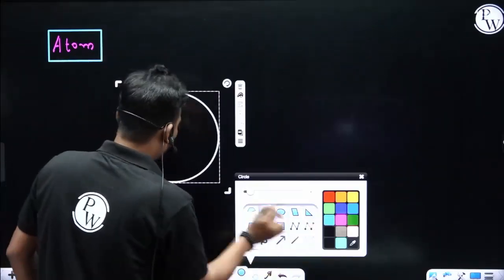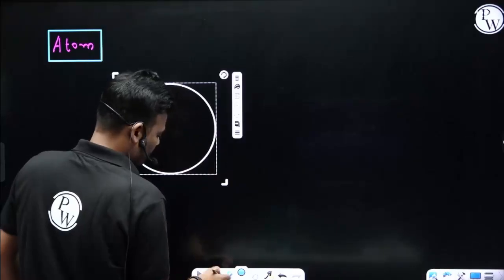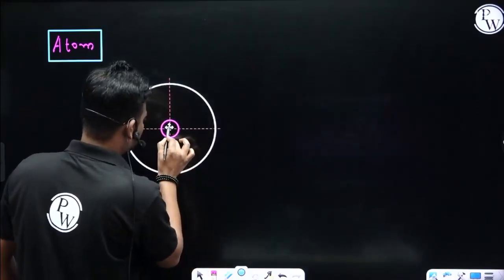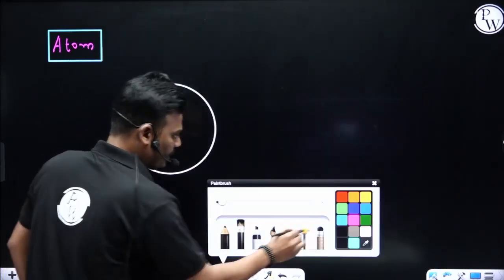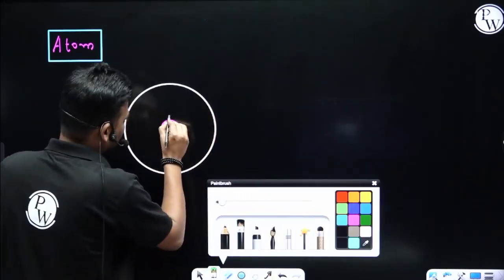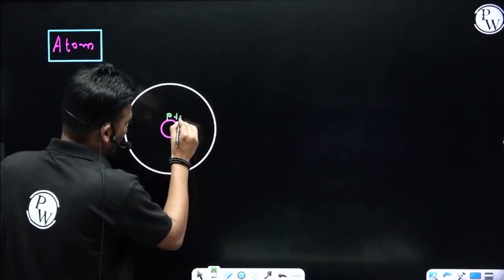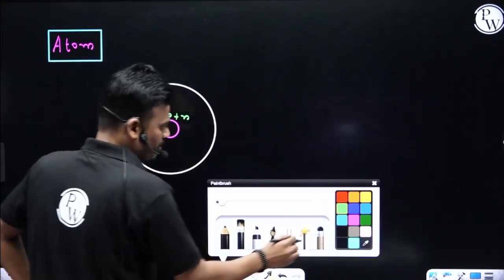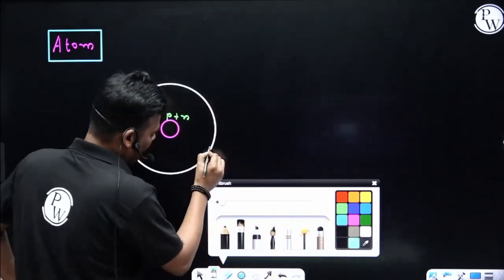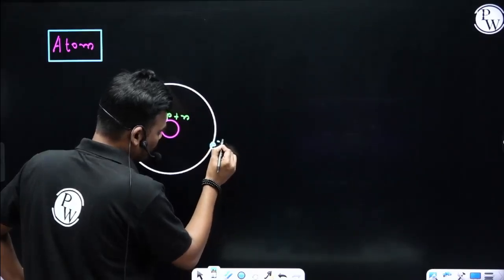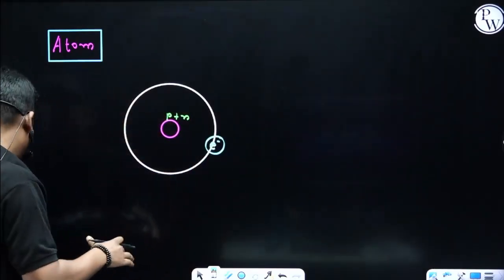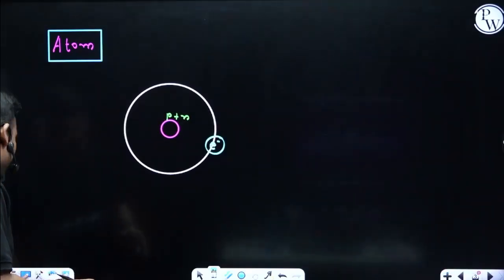The center of the atom we call the nucleus. In the nucleus, we know that proton and neutron particles will be present, and in an orbit, the electrons will be revolving. Let's try to understand by the simulations.